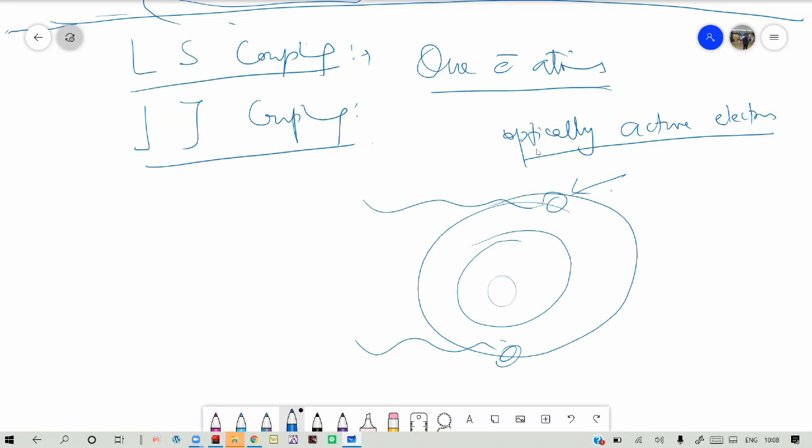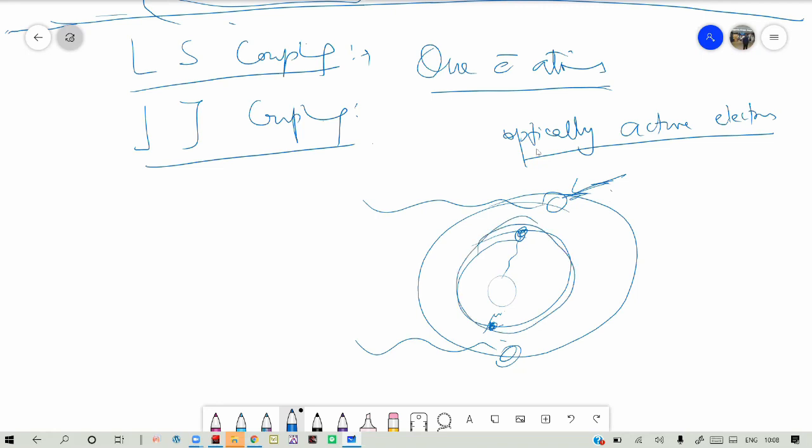They need very low energy to be excited as compared to the electrons which are here, because these electrons are closely bound to the nucleus, and these will be loosely bound, as they have a lot of space here, they are not attracted by the same amount.